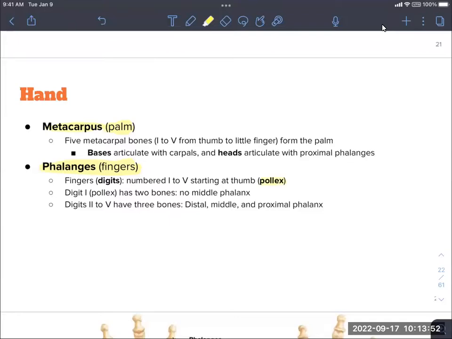Fingers 2 through 5 all have 3 bones for the phalanges, while your thumb only has 2. So your thumb has a proximal and a distal, while the other 4 fingers have a proximal, middle, and distal in your hand.